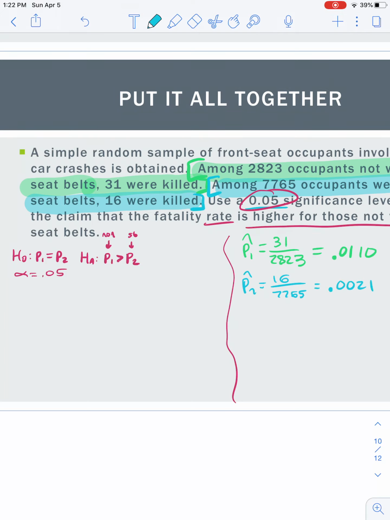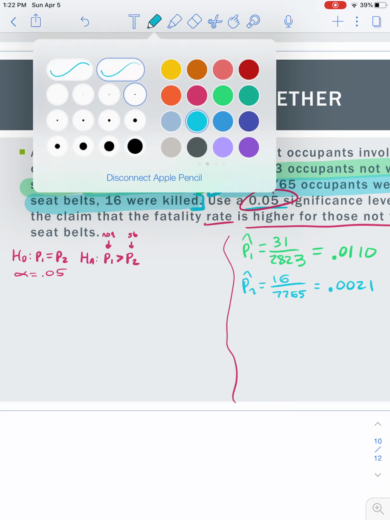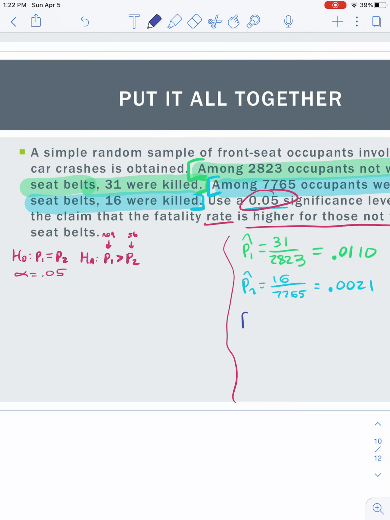Okay, and then we're going to need our P bar, which, remember, is the two x's and two n's combined. So that's going to be 31 plus 16 divided by 2823 plus 7,765.